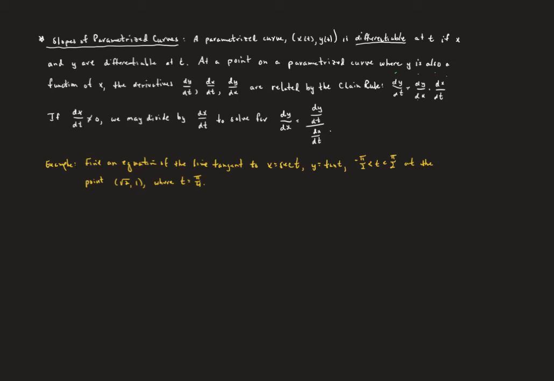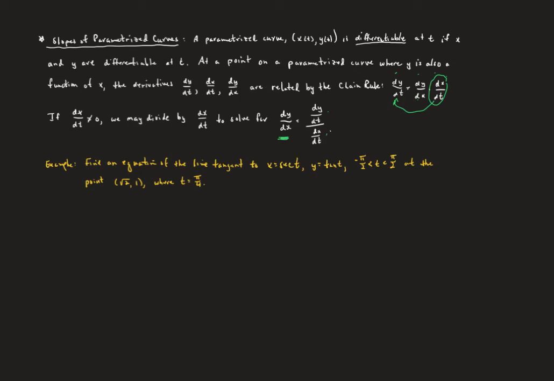Here again, you can kind of see those dx's canceling if you want to think of it that way, and that's a reasonable way to think of it. Since we are trying to solve for dy/dx, we can divide by dx/dt to the other side, and that will give us the dy/dx that we want to find. That's going to give us the slope of a tangent line, and that's going to be dy/dt over dx/dt. So let's see how that works in practice.